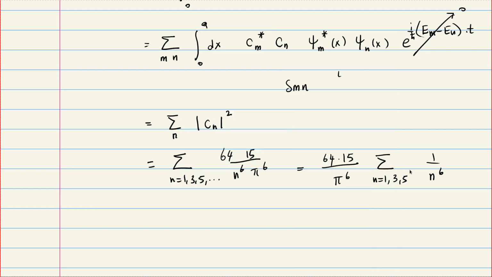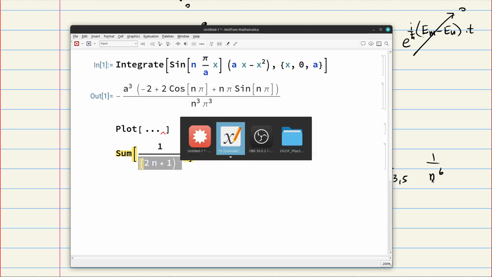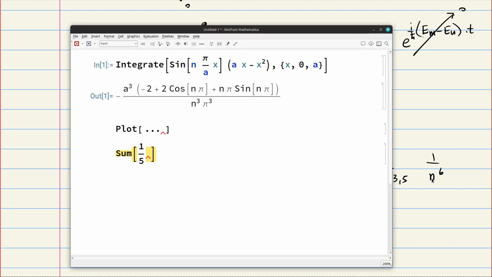So these are odd. The way I write odd is 2n plus 1 to the 6th power. And I need to sum n from 1 to infinity.